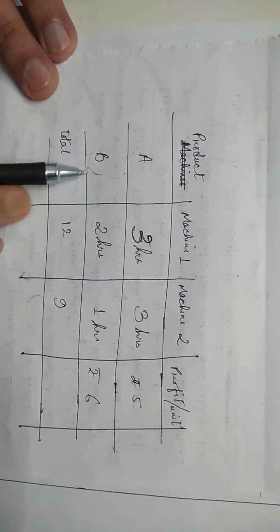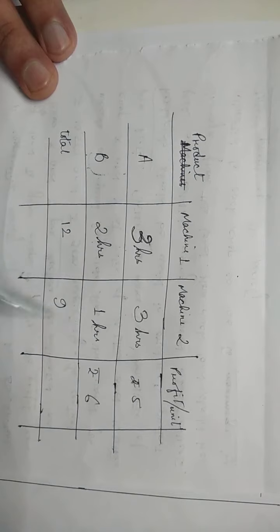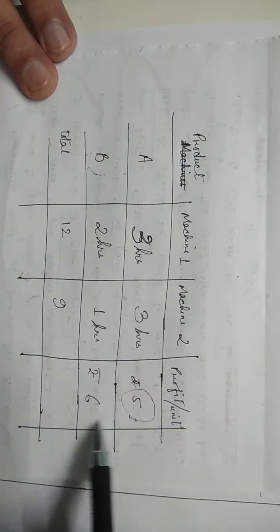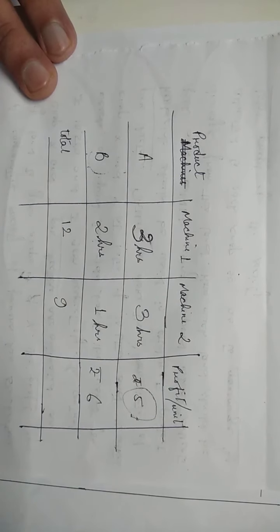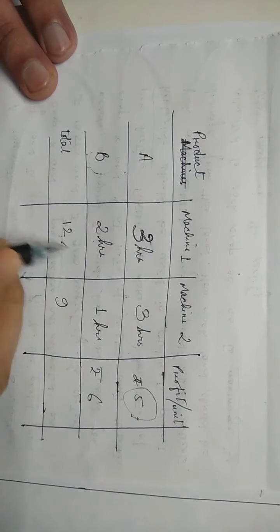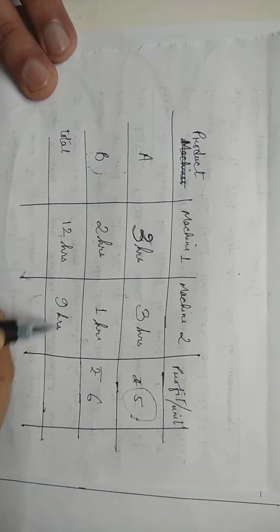Product B goes 2 hours in machine 1 and 1 hour in machine 2. Now profit in product A I will get 5, and profit in B I will get 6. Now the limitation is on machine 1: it can work 12 hours, and machine 2 can work 9 hours.